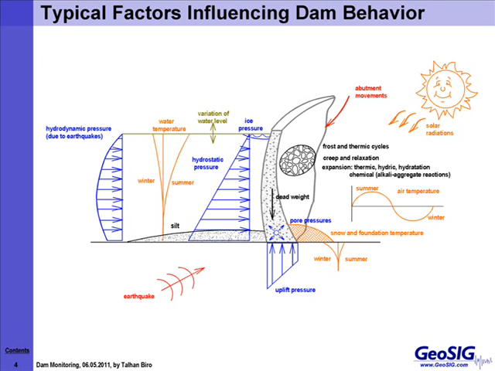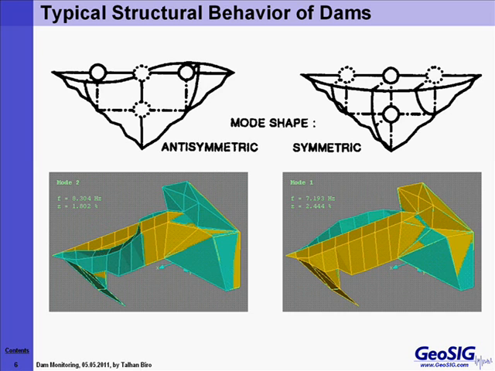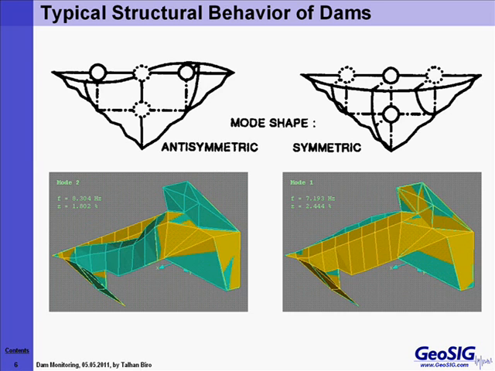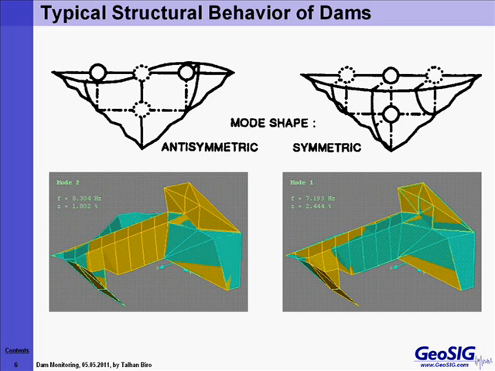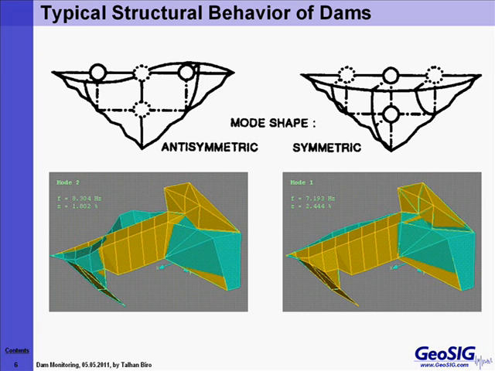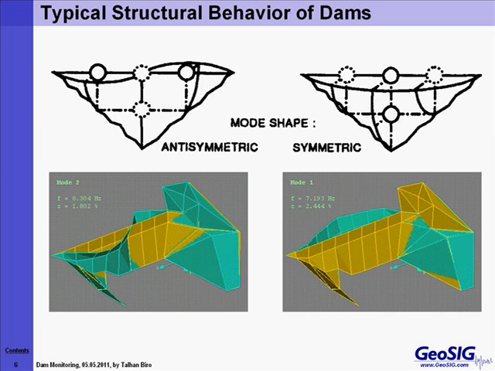After these typical factors that can influence the behavior, we can look at the typical structural behavior of dams. In this slide, although we are looking at a typical arch dam, we could generally consider any type of dam as having the same type of behavior.